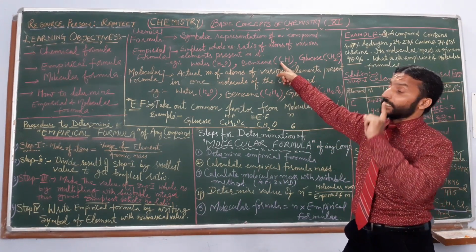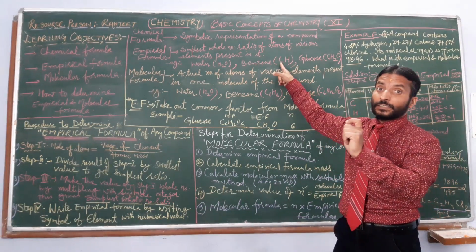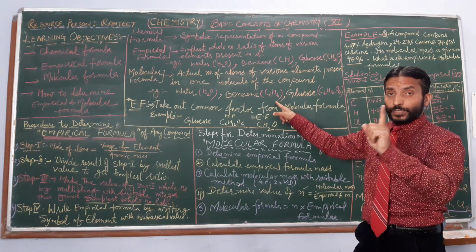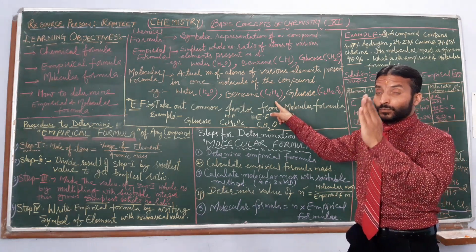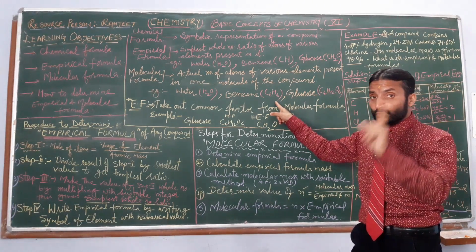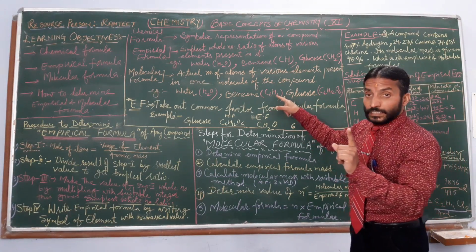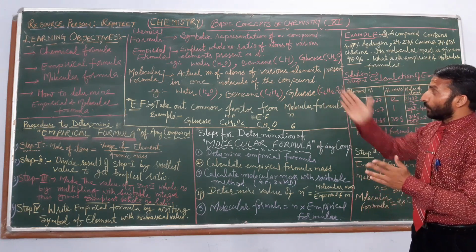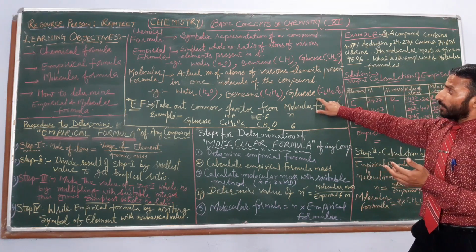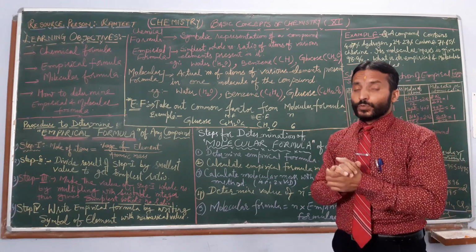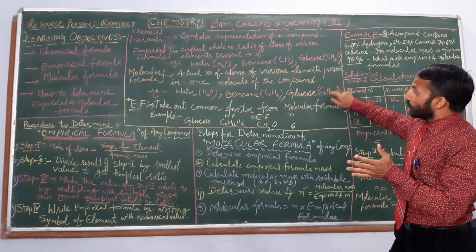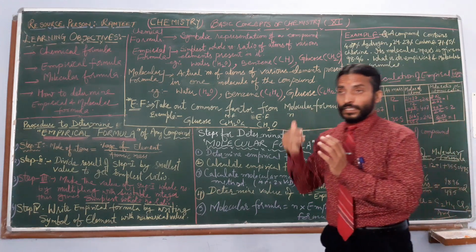But in its empirical formula, it was not clear. The ratio was 1:1. Here 6:6 means 1:1. But the actual number is 6 of both carbon and hydrogen. Same for glucose. Here the formula is C6H12O6. So this is the actual number of atoms.